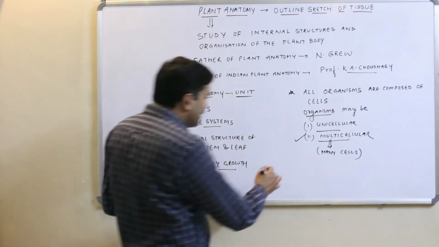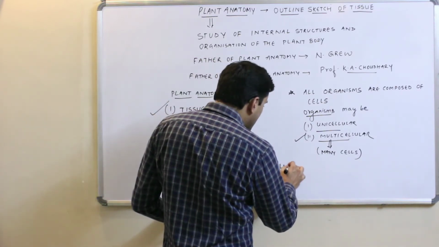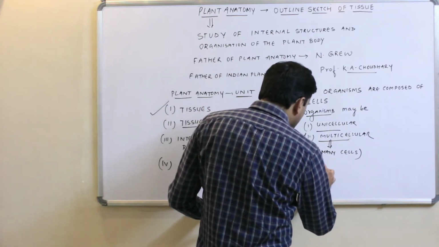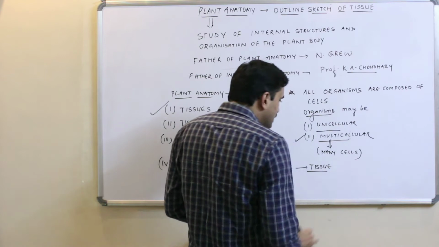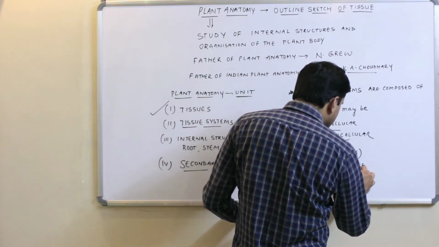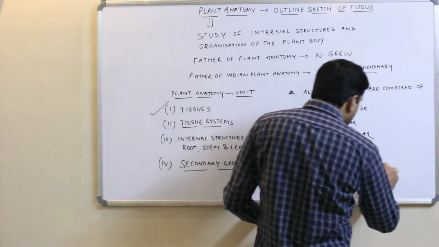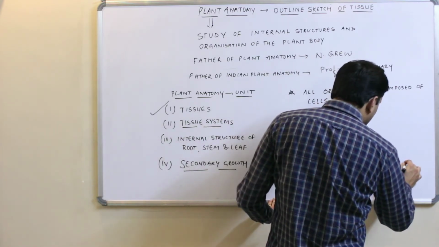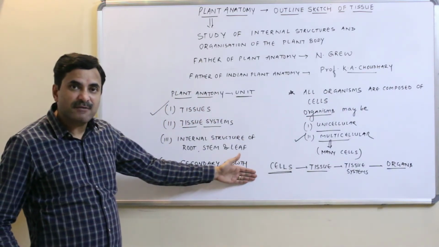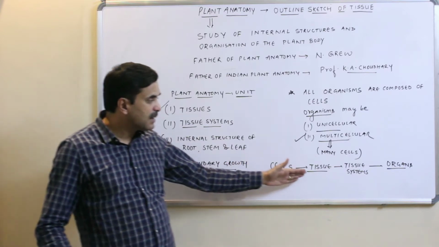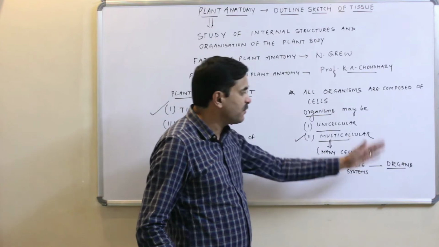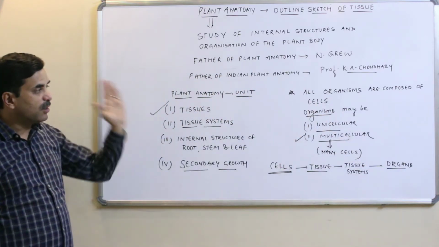Now, in earlier classes we have studied that cells combine to form tissue, tissue combines to form tissue systems, and tissue systems form organs, and the organism. Cells, which are the structural and functional unit of an organism, combine to form tissue, tissue forms the tissue system, and the tissue system forms the organs.